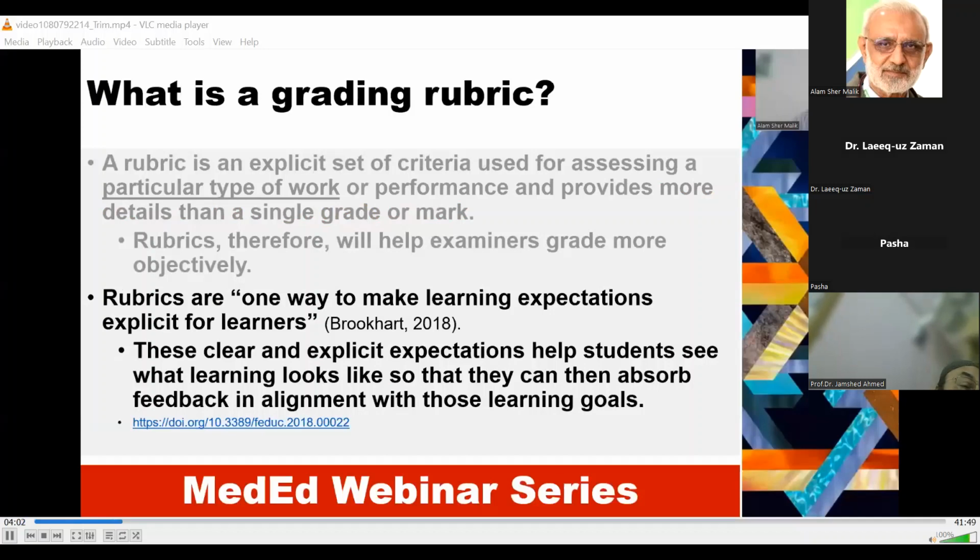These clear and explicit expectations help students see what learning looks like so that they can then absorb feedback in alignment with those learning goals. So by sharing rubrics with students, we clearly tell them what is expected of them in that particular assignment or assessment.